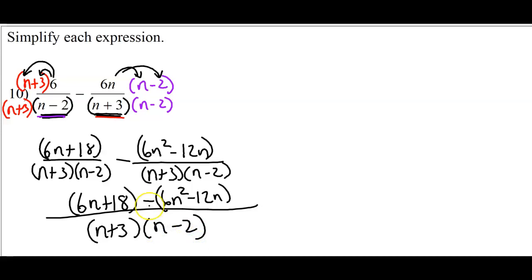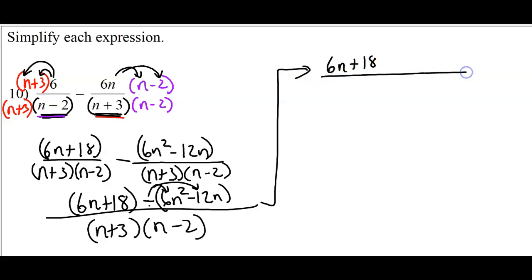Once again, we have a minus here in the middle, so we're going to distribute that in to the second set of parentheses there. After you do your distribution, you really don't need the parentheses anymore. Notice that 12 is going to become a plus now because we put the negative inside of there.